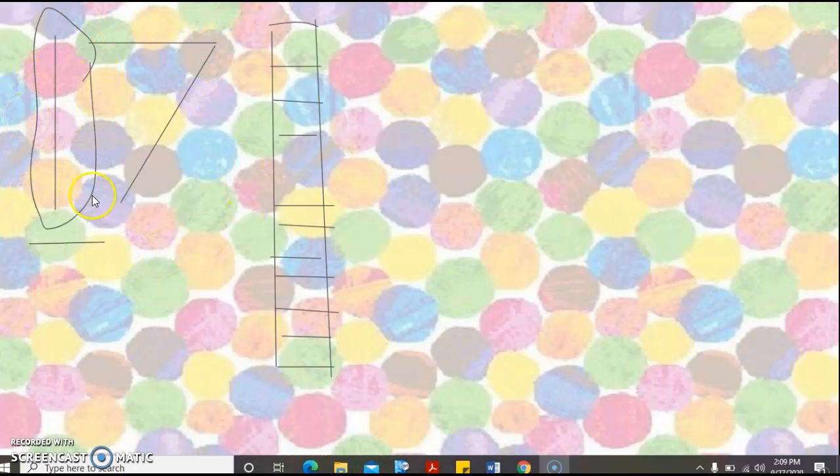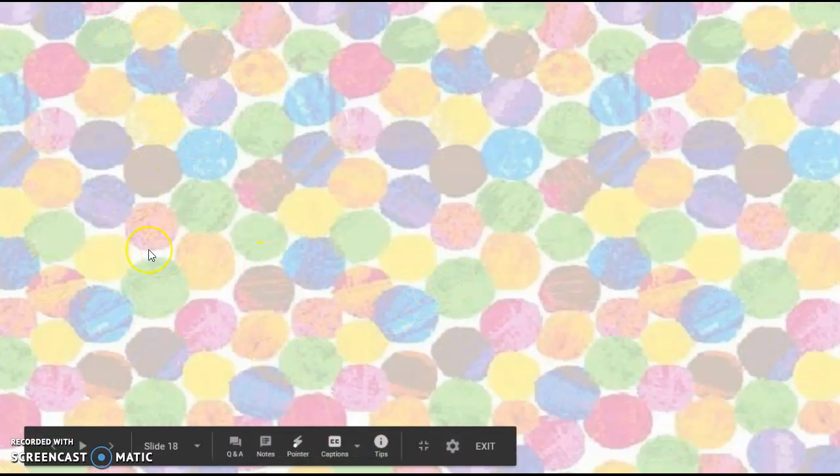Now let's think about the 7. That's in our ones position. So let's think, are we going to use rods or units for our ones? If you said units, you're correct. We're going to draw our units. So think about how many units are we going to draw? What number do we have here? Let's think about that.